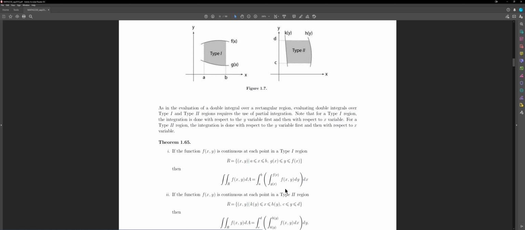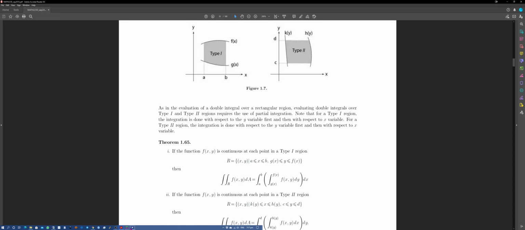You integrate partially with respect to y and get your answer over here, which when you work it out will be a function of x alone. Then you integrate this function of x with respect to x for your limits a and b. That's how you would work out a double integral over a type 1 region.